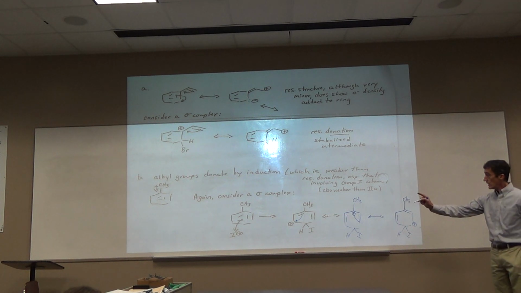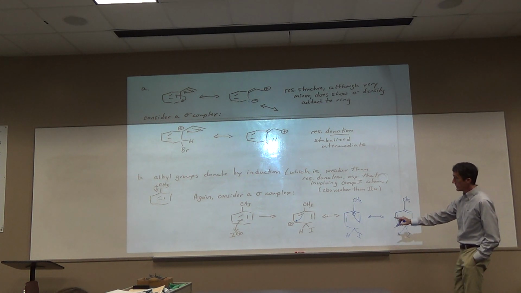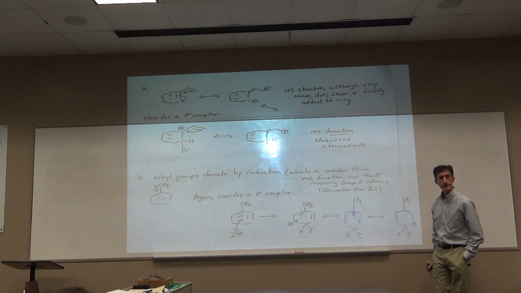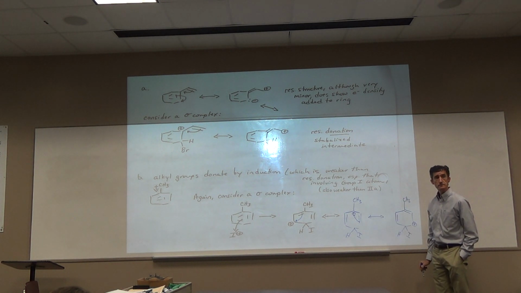And the first one in the blue? This one? This one? And in what way? It's showing resonance to stabilize that carbocation? Resonance from the methyl? I'm just saying resonance from the pi bond. It's showing the arrow movement stabilizing that carbocation where the methyl is.